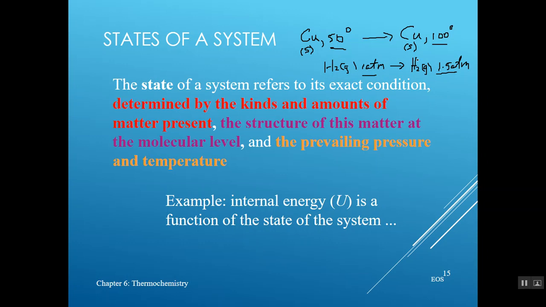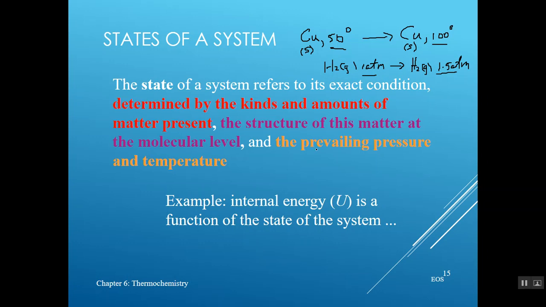So I hope this clarifies what we mean by a state of a system. Basically, the state is describing the condition of that system based on the different factors as listed here in the definition: the kinds and amount of matter present, the structure of this matter at the molecular level, and the prevailing pressure and temperature.